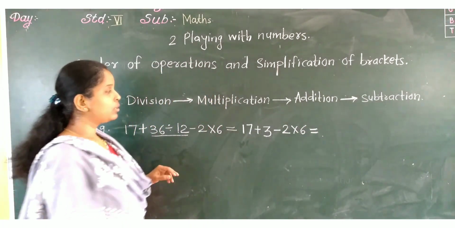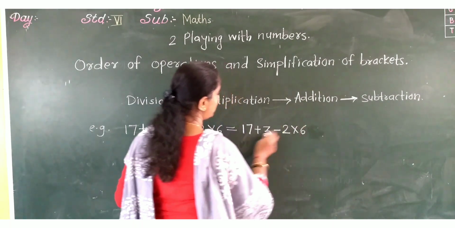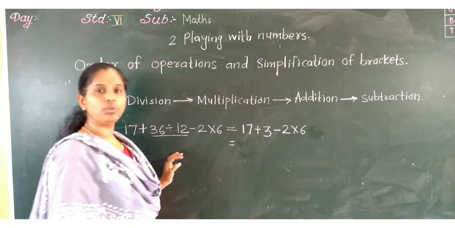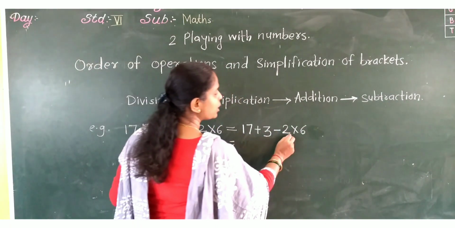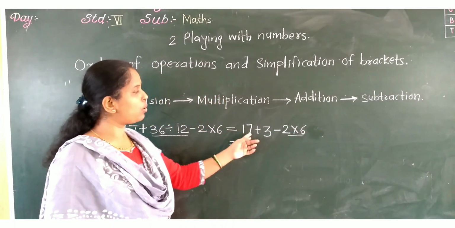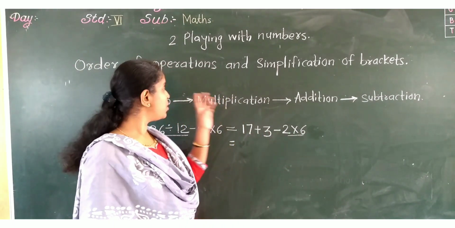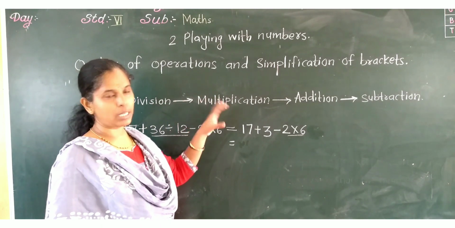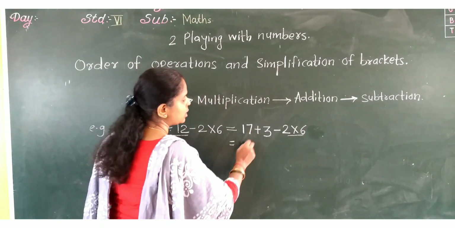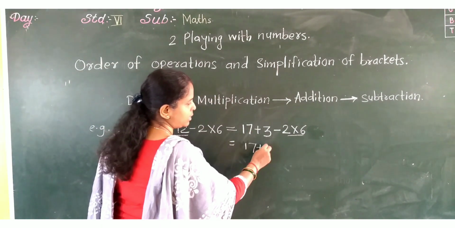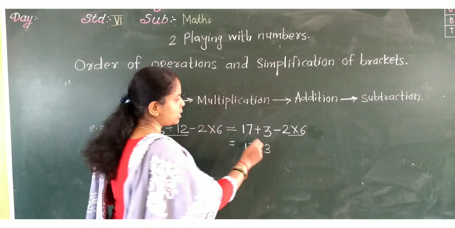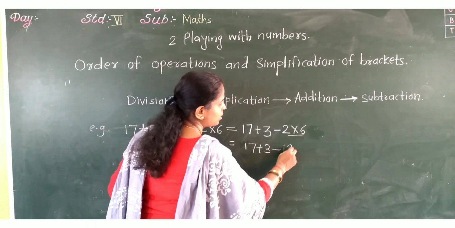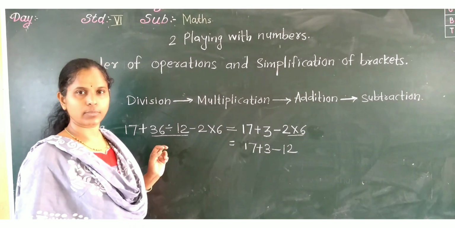Follow? Now next what we have to do? Next we have to carry out multiplication, because we don't have to do addition and subtraction first. First division we did, then multiplication. Now see, 17 plus 3 we write as it is, minus 6 2s are 12. Okay.